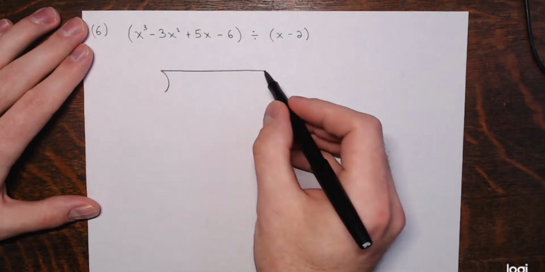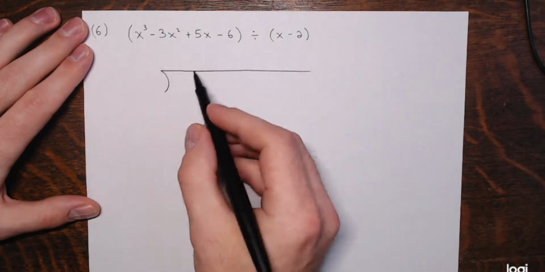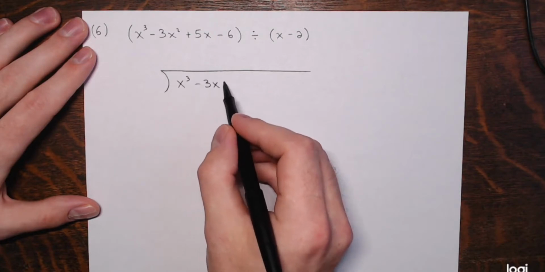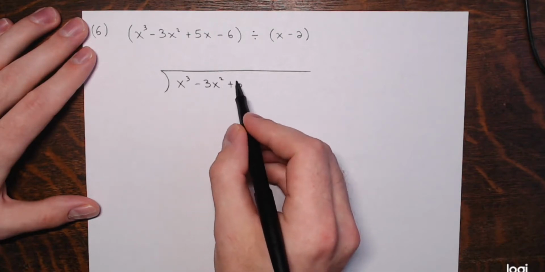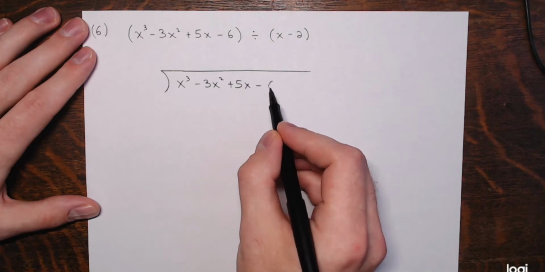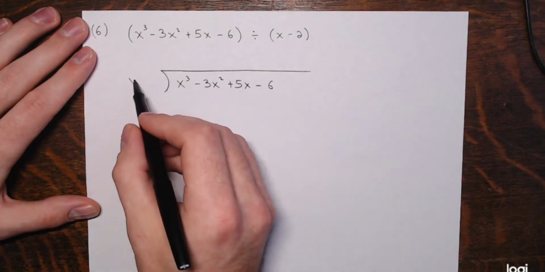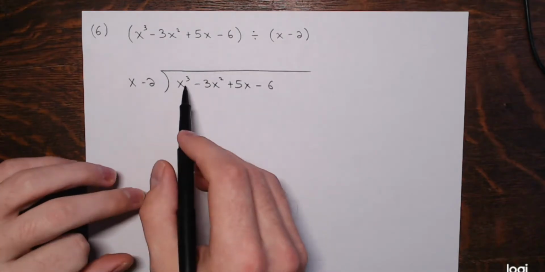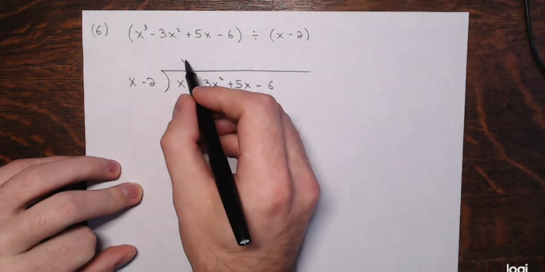Alright, so I set up the division. Again, now the dividend is x cubed minus 3x squared plus 5x minus 6. Divisor is x minus 2. Alright, so first step, divide the lead terms. X cubed divided by x is x squared.